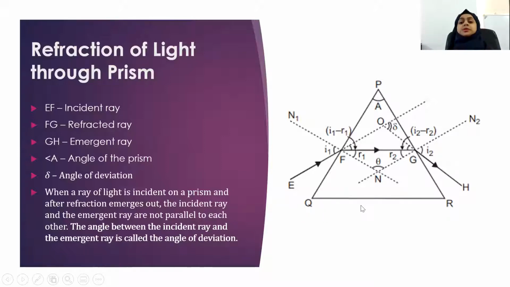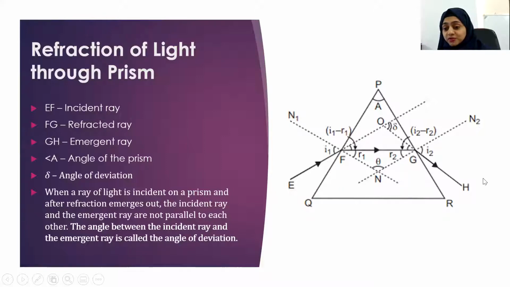Suppose there was no prism. So what will happen? The light ray from E will pass on straight without any deviation through the line EFO, right? If there were no prism, it will go on straight.